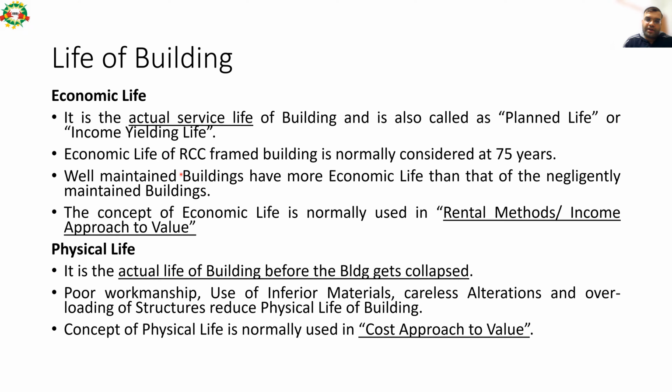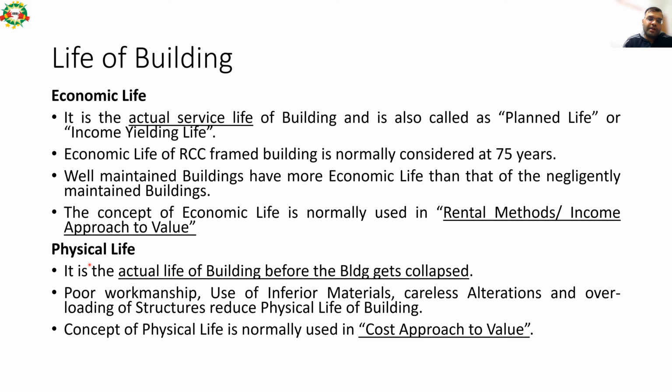So the economic life of an RCC building is normally considered to be 75 years. A well maintained building may have a higher economic life than a negligently maintained building. The concept of economic life is normally used in the rental method. So this is also an important statement for examination purposes.